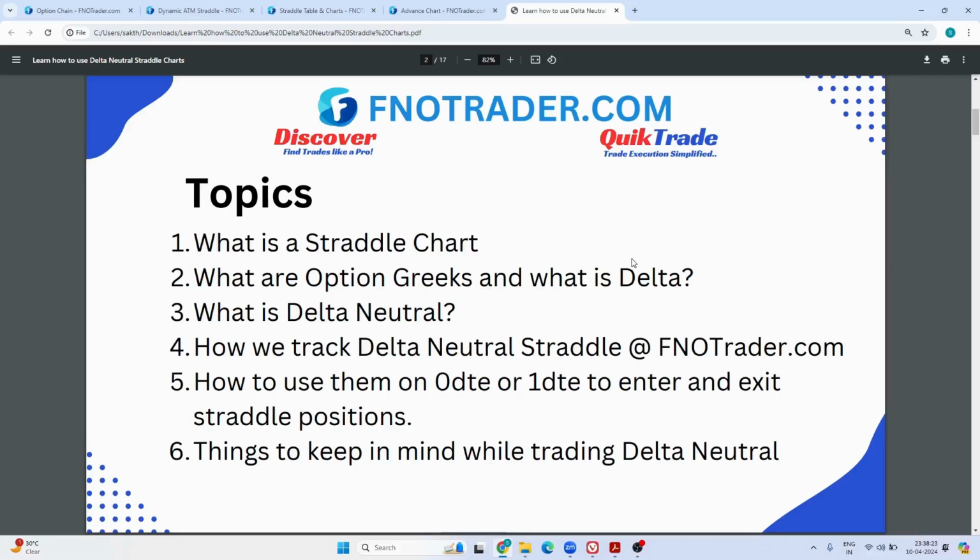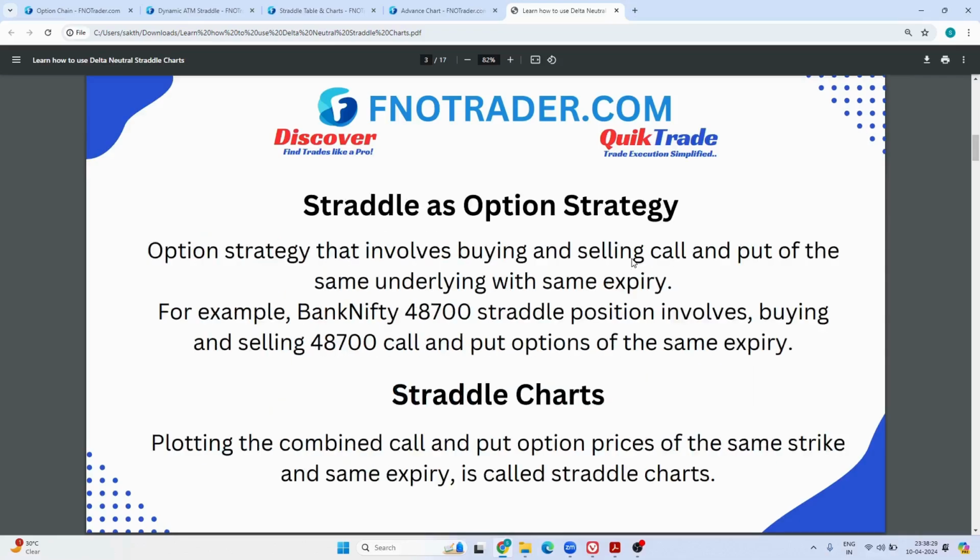Let's first start with what a straddle chart is. A straddle is an option strategy. For example, you might have seen an option chain with multiple strikes. If you pick any one strike and you buy or sell a call and put of the same strike, same underlying and the same expiry, you call that a straddle.